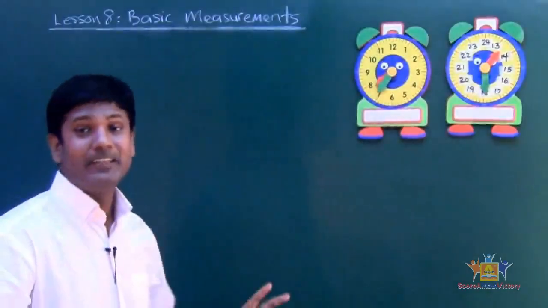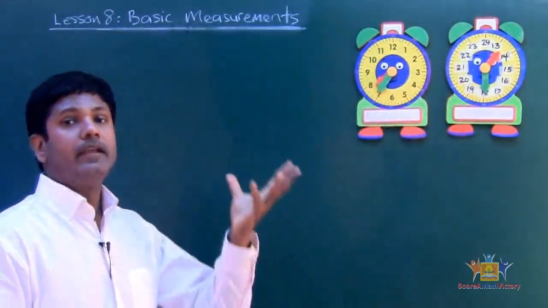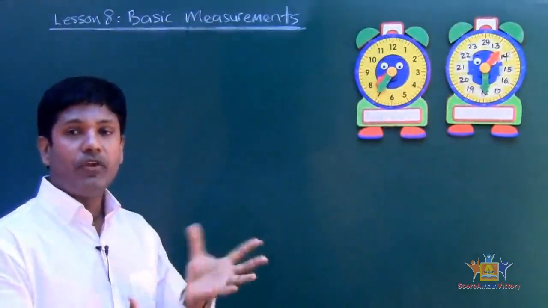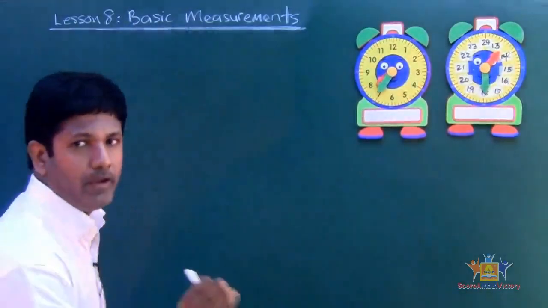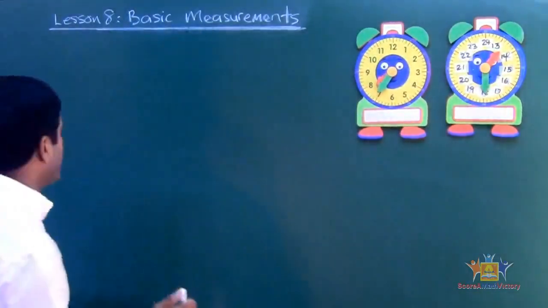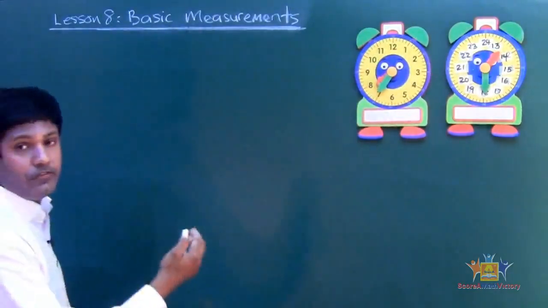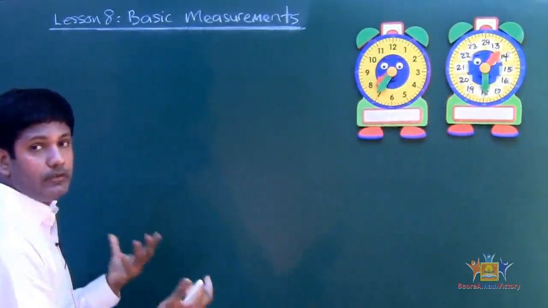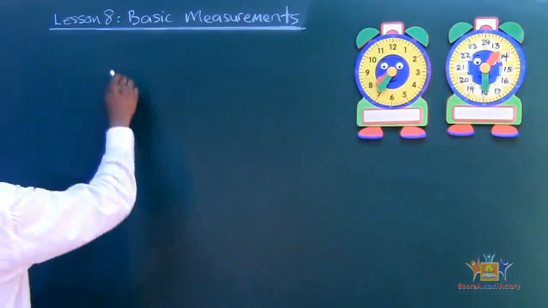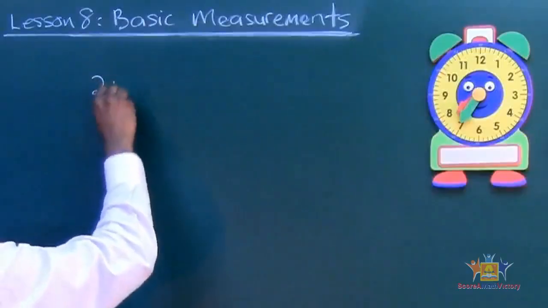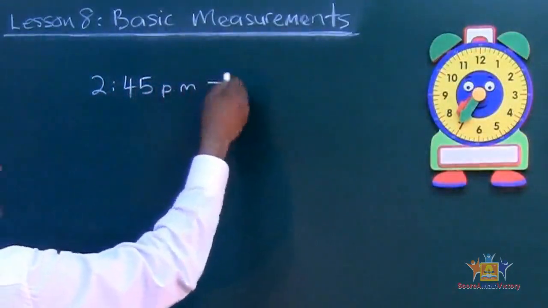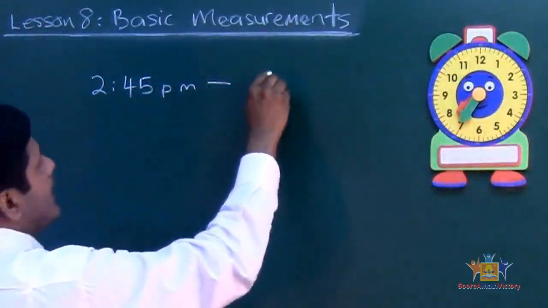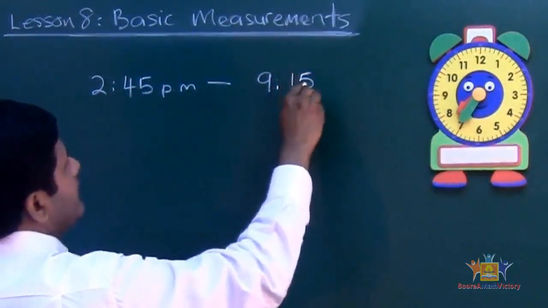Alright, my dear students. Before we talk about finding the interval from AM to PM, let's recap what we learned from the earlier AM example. Let's say I ask you to find the interval from 2:45 PM to 9:15 PM.